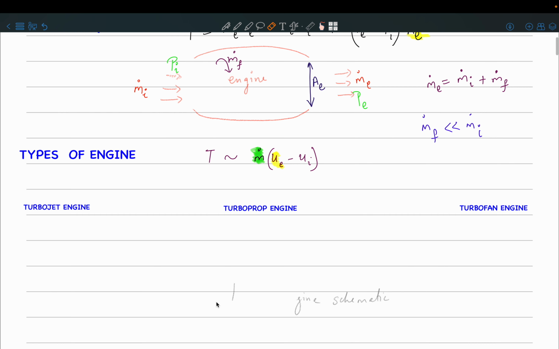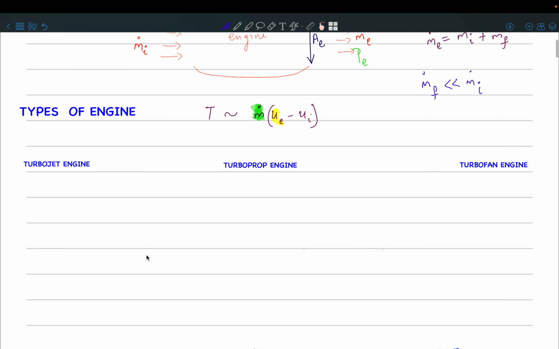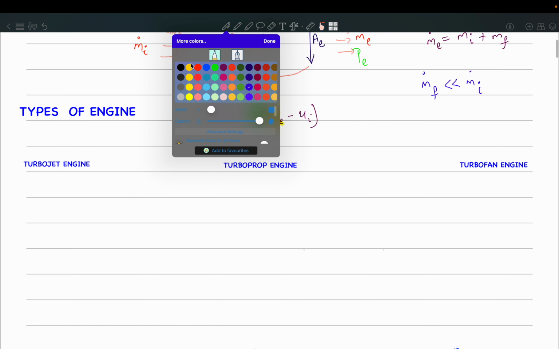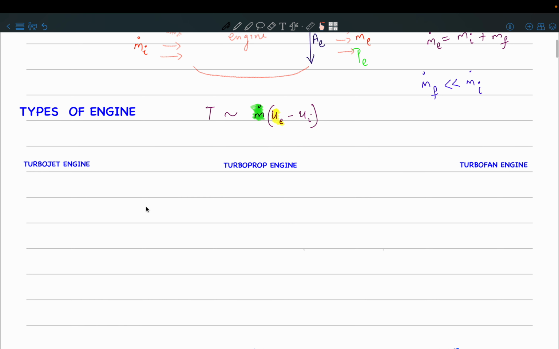types of engines. That is a turbojet engine, turboprop engine, and a turbofan engine. So can any one of you tell me what is the principle behind a turbojet engine? Yeah, please answer.